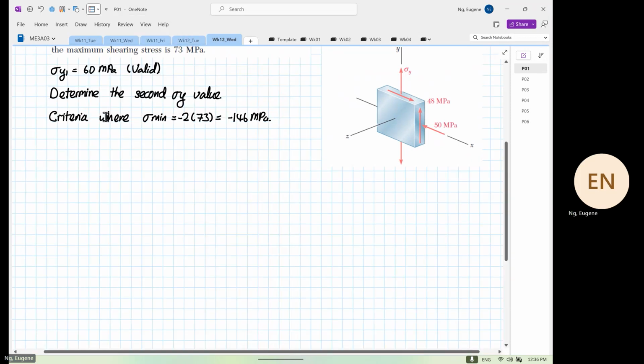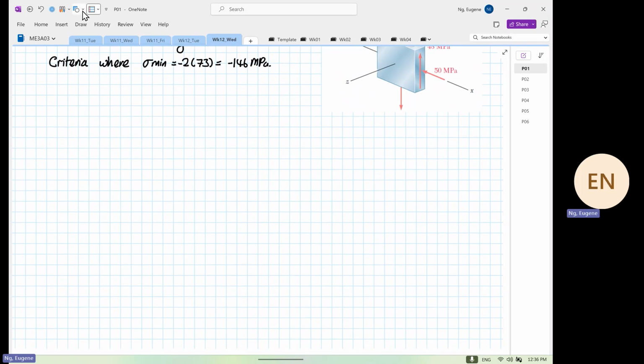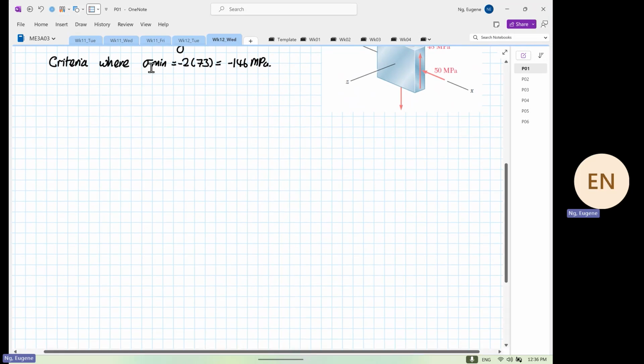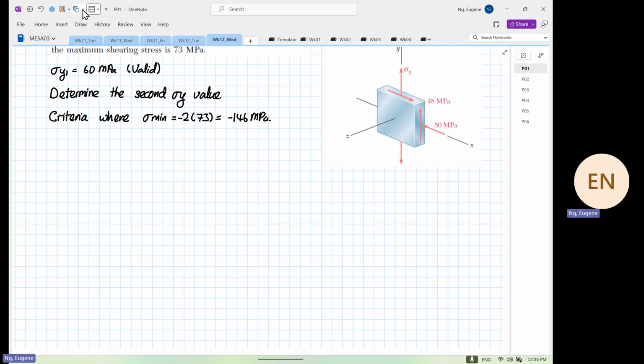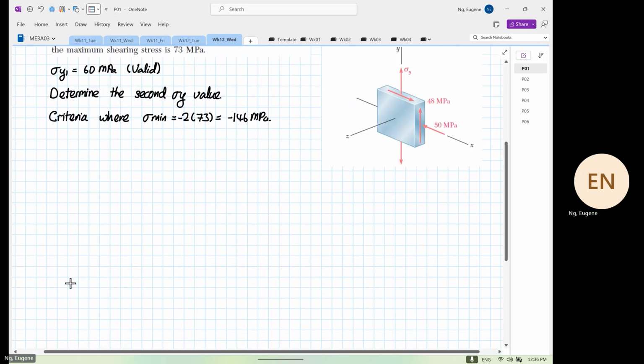Right, so we are going to construct the 3D Mohr circle, and I'm going to just focus on the negative side of the Mohr circle.